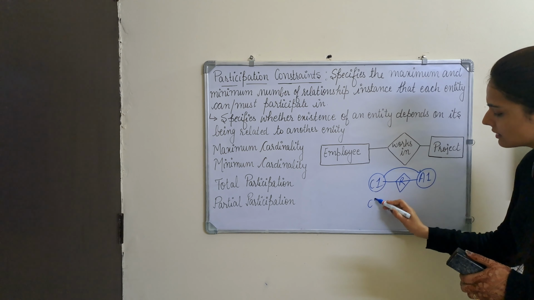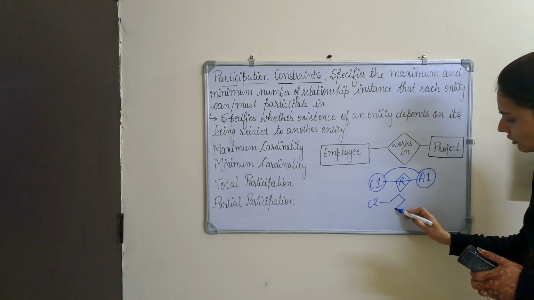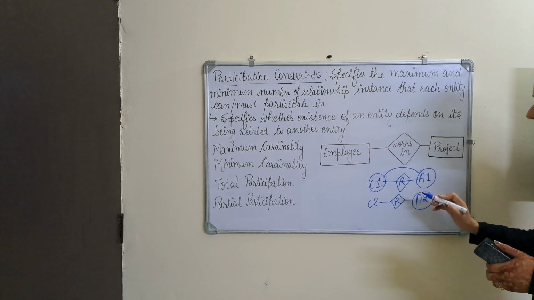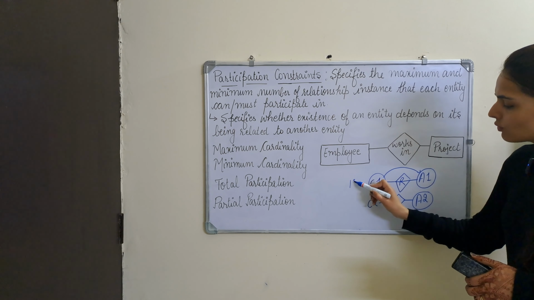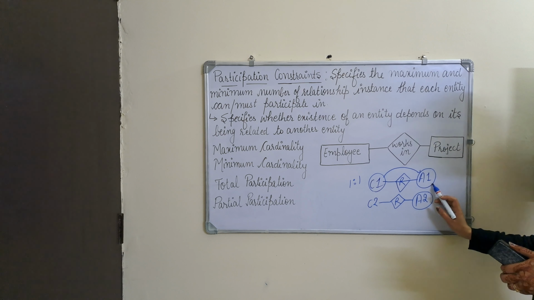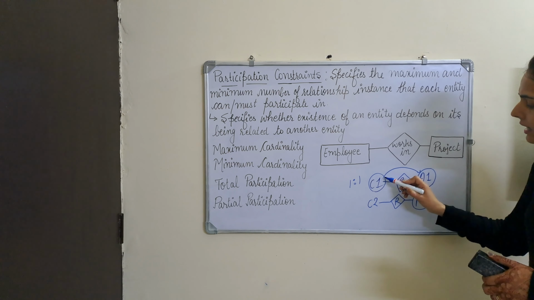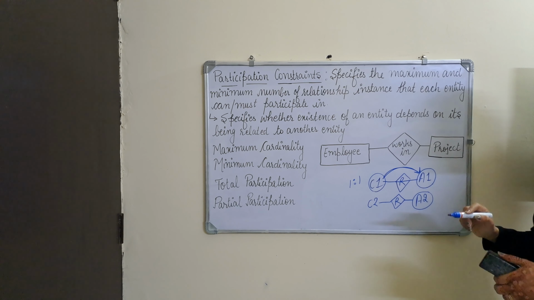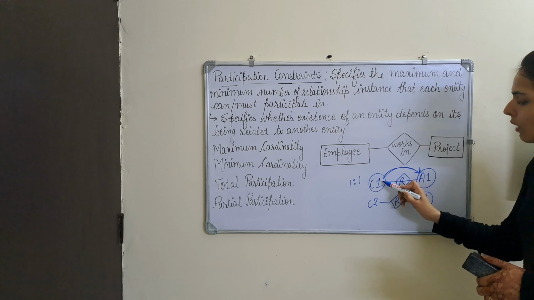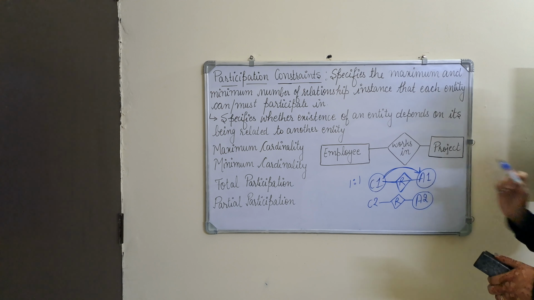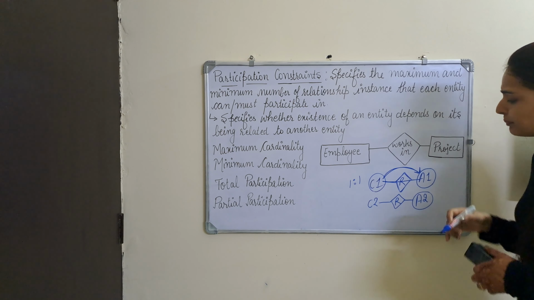There can be some other citizen who is in a relationship with another Aadhaar card number, and we understood that since this was a one-to-one mapping, one citizen could be associated with only one Aadhaar card number, right? Or we can say one citizen could be mapped to only one Aadhaar card number, or one citizen could have a relationship with only one Aadhaar card number, right?